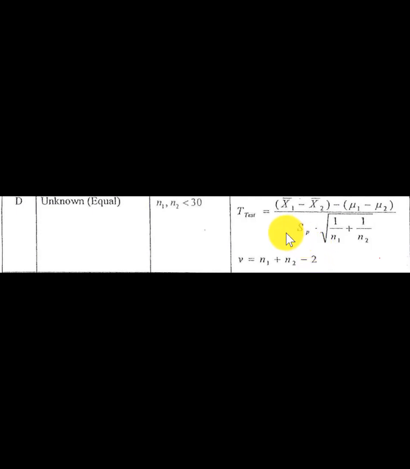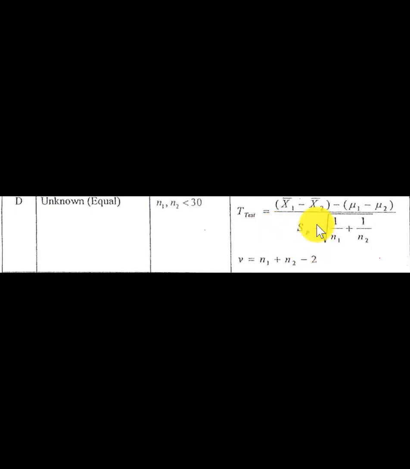In the question, our H1 is that the mean of population 1 is lower than mu2, so it is a left tail test. That means your alpha is 0.025, no need to divide by 2.